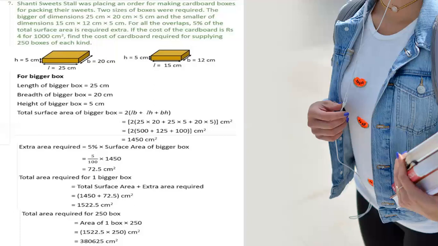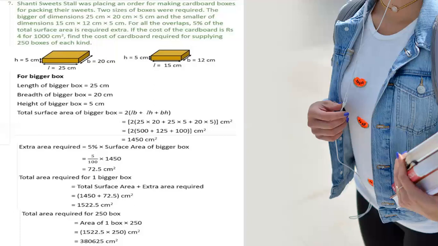Now extra area is required, which is 5% of the surface area of the bigger box. That is 5 by 100 into 1450, which is 72.5 centimeters square. Therefore, the total area required for the bigger box is total surface area plus extra area required. That is 1450 plus 72.5. So it is 1522.5 centimeters square.